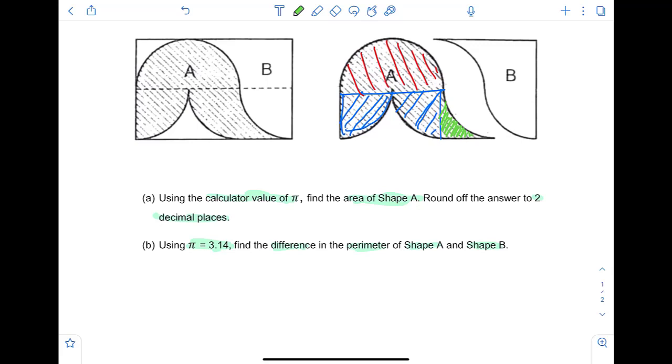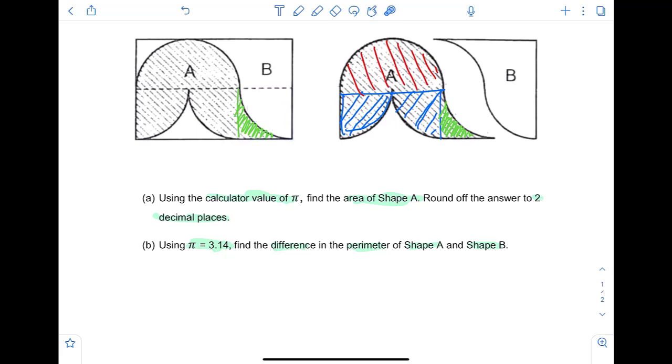This green section here is basically the area of radius times radius, because this is part of the 5th quarter circle. Radius times radius means you have a square, minus away the area of a quarter circle.